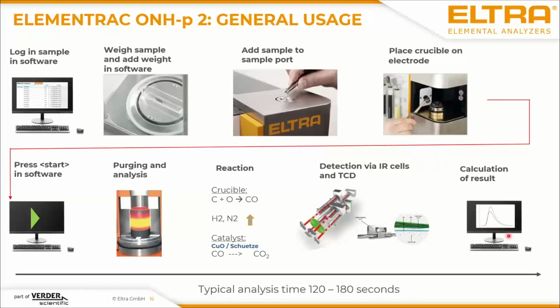The analysis time is quite quick, and it's even quicker now with the second generation of the ONH-P. It is now taking roughly 120 to 180 seconds. I'm not talking about analysis time, this is much quicker, but I mean the time for one complete cycle. So every 120 seconds, you can make one analysis, which is actually market leading fast.